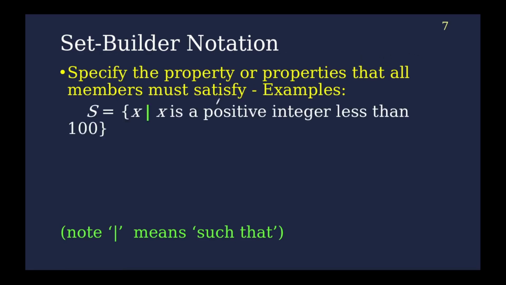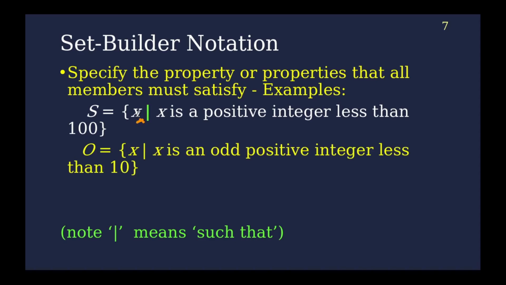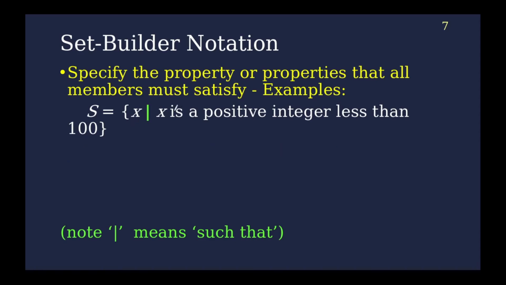For example, say S is the name of a set, which is equal to curly bracket x, where x is considered to be a variable element of set S. This vertical line is read as "such that": element x such that x is a positive integer less than 100.